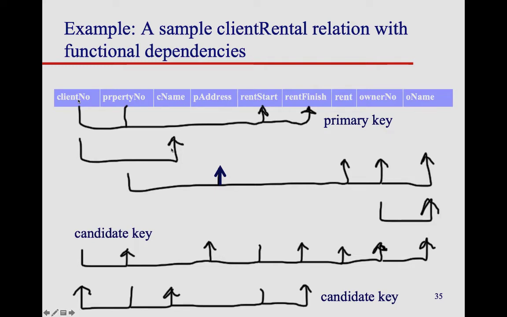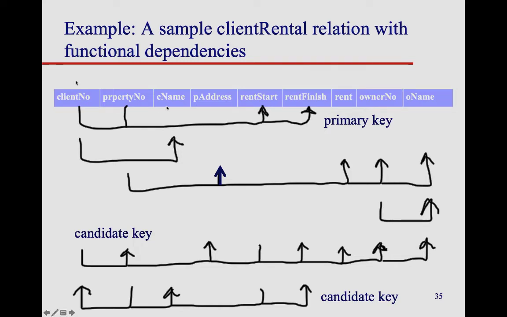And we said full functional dependencies had to be irreducible. So we don't include in a functional dependency attributes that are determined by a subset of the left-hand side attributes.